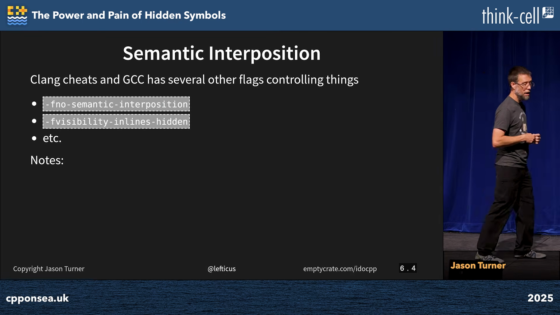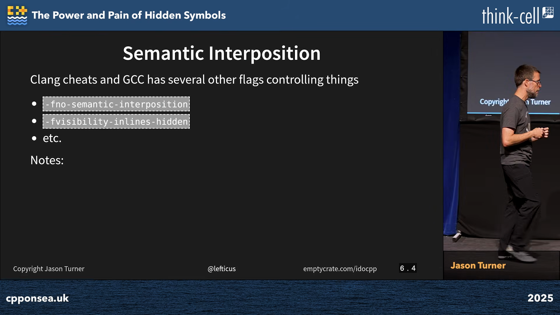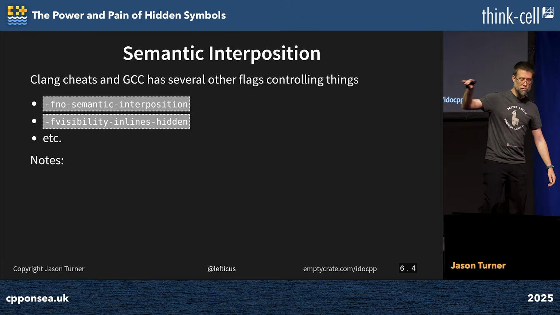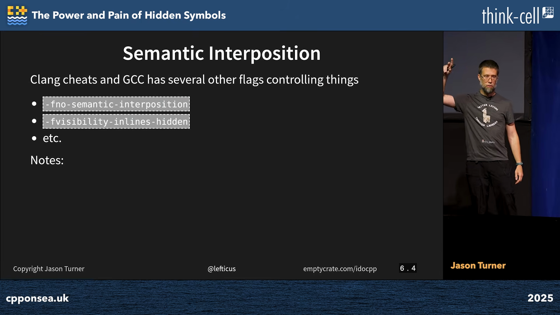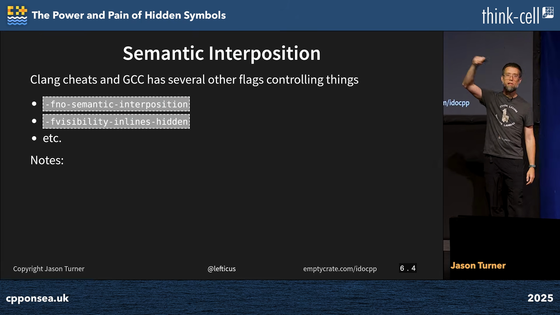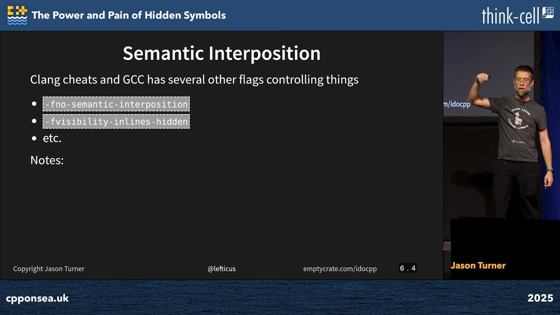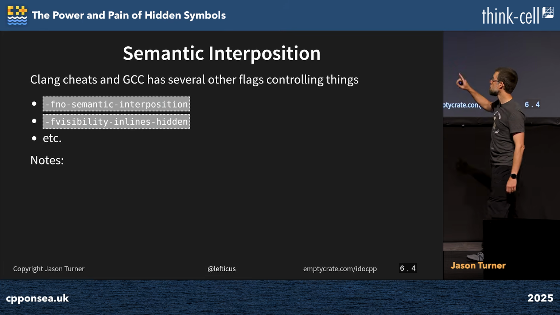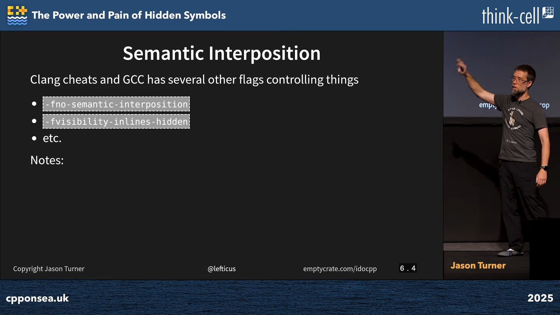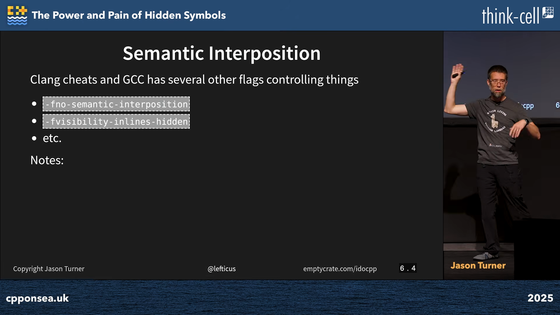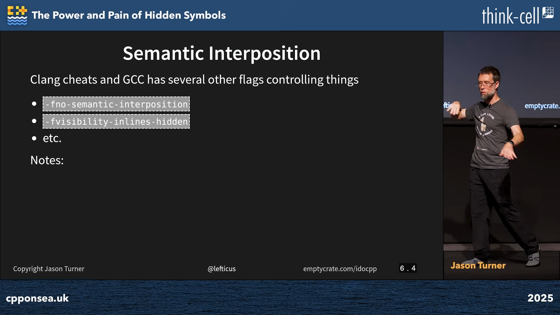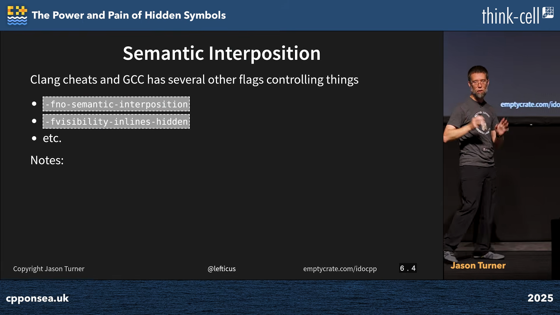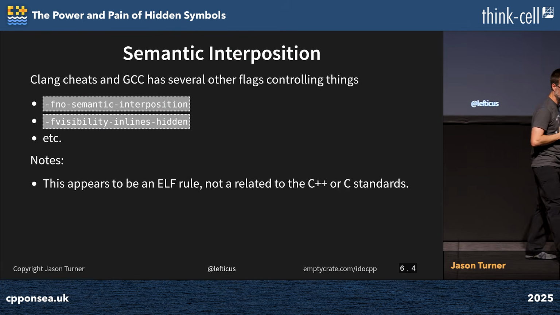GCC and Clang both have several flags that affect this. If you turn on -fno-semantic-interposition, then GCC will be willing to inline that call, even though technically it shouldn't have. And then there are other flags like -fvisibility-inlines-hidden. If you have things that are implicitly inline, then it will hide them so they don't get emitted into the binary. This is a rabbit hole of all kinds of options with your compiler.